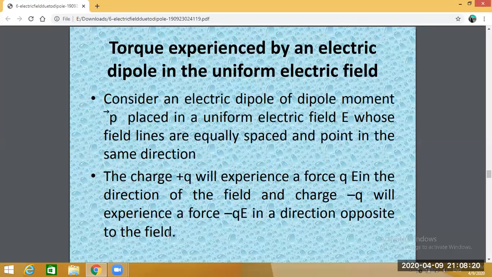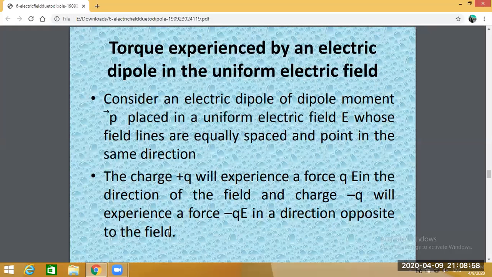So two equal and opposite forces are experienced by the dipole, and this constitutes a couple of force that you would have gone through in the previous class, in class 11, in rotational dynamics, moment of force and torque. A system of a pair of equal and opposite forces is called a couple of force, and the net linear effect due to a couple of force is 0. But we cannot say that a couple of force produces 0 rotational effect.